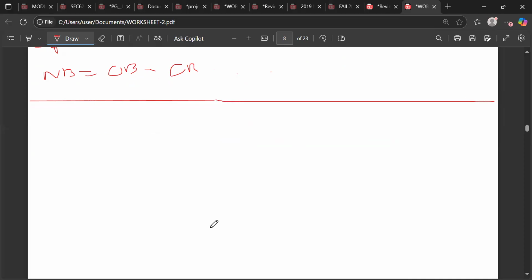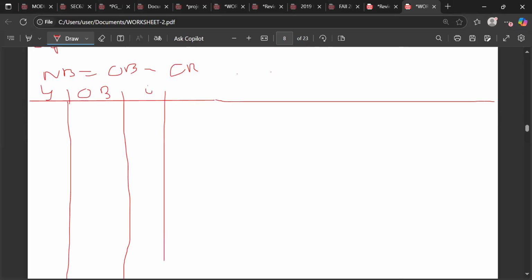Here, in the first column, we have our year. We're trying to figure out how many years there are. So you have the year, Y, here. Then you're going to have the opening balance, OB. You're also going to have our interest, I, the interest figure itself, not the rate.